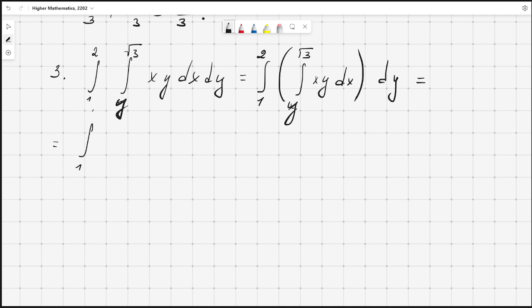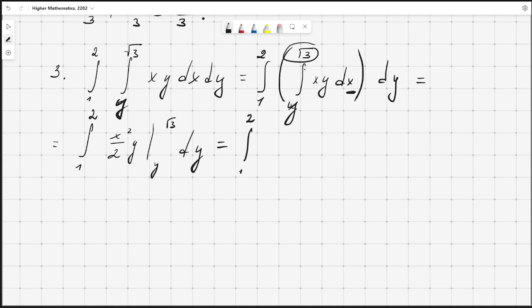Calculate 0 to 2, then x squared over 2 times y, from y to square root of 3, dy, and calculate. x is square root of 3, firstly.